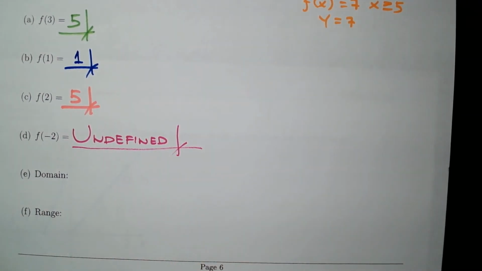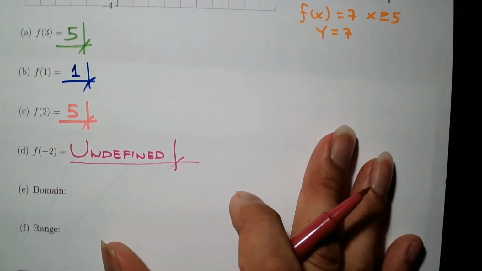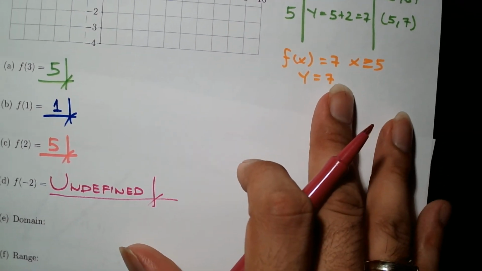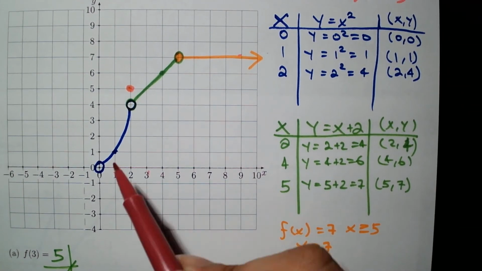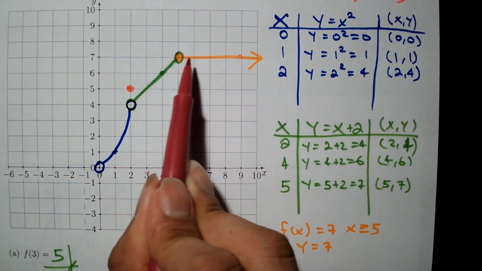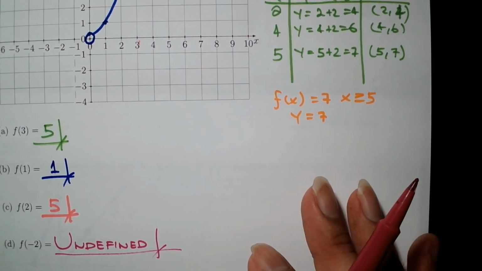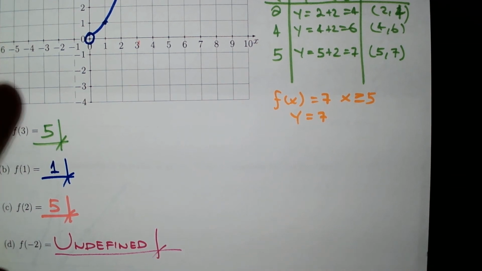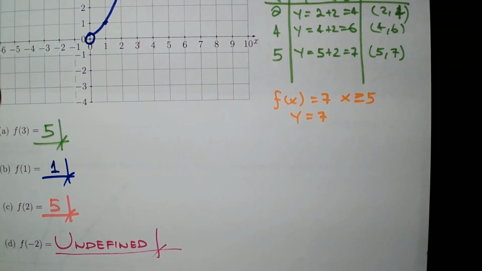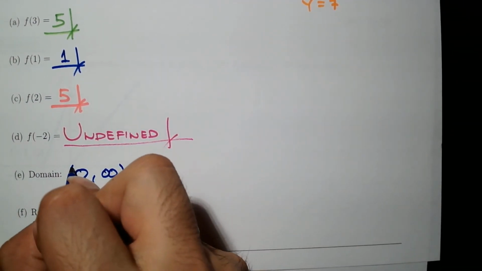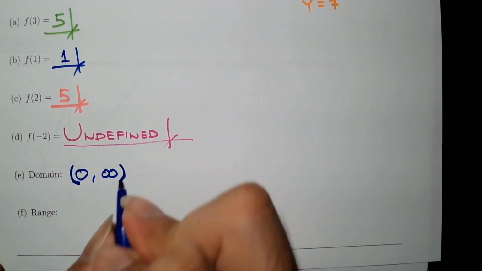So the domain, if we keep moving, there are no more discontinuities. So in this case, the domain will be from 0 to positive infinity, exclusive for both.